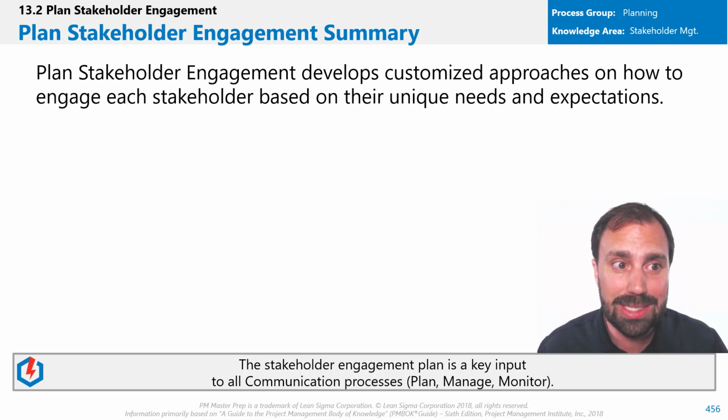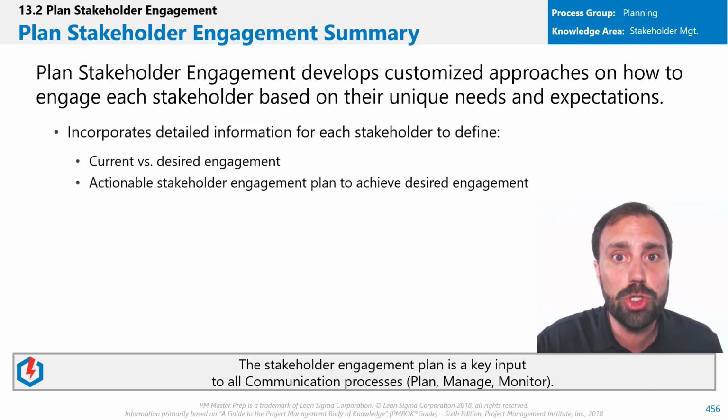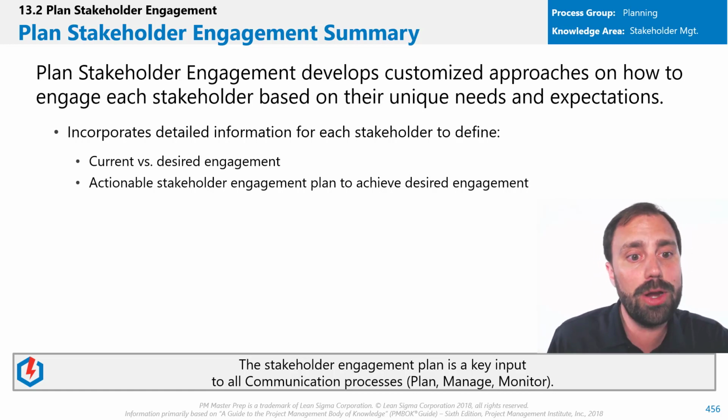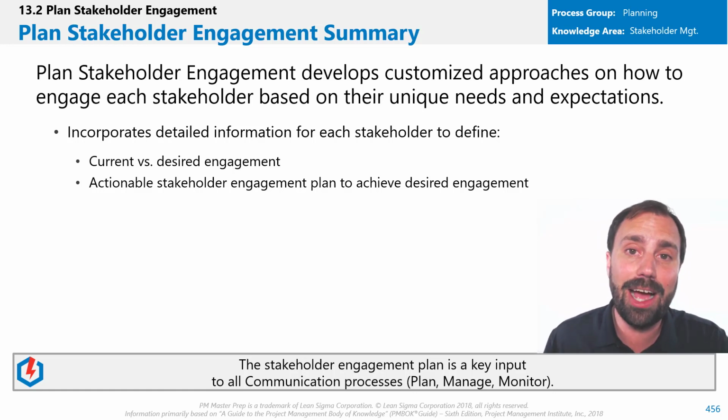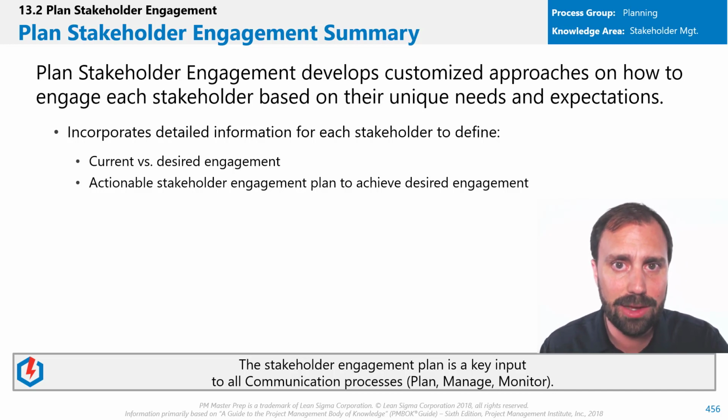So let's nail down what we're trying to do in stakeholder engagement. We said a customized approach to communicate and engage our stakeholders, right? So what are we going to do? We're going to incorporate the detailed information related to each stakeholder to help us define, first of all, what is our current and what is our future, our desired engagement level for that individual stakeholder. Isn't that powerful to know that?